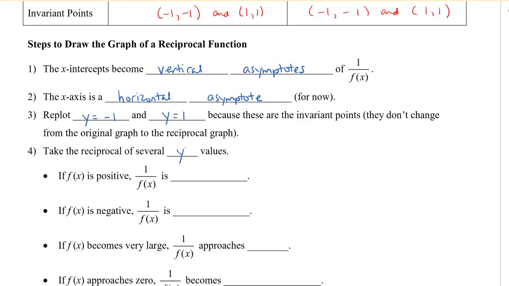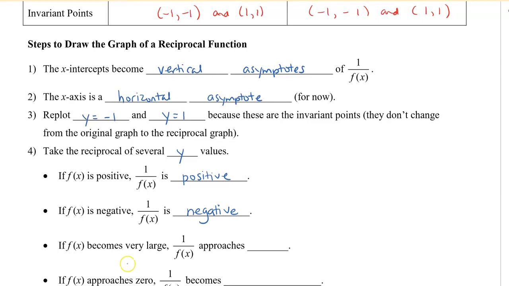So the x will stay the same, and then you're going to plot these new y values moving up and down. So if f of x is positive, remember that the reciprocal is still going to be positive. Okay, it doesn't change signs. If f of x is negative, then 1 over f of x is still going to be negative. Again, it does not change signs.